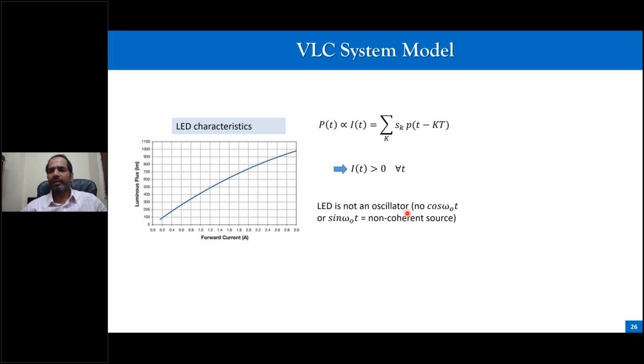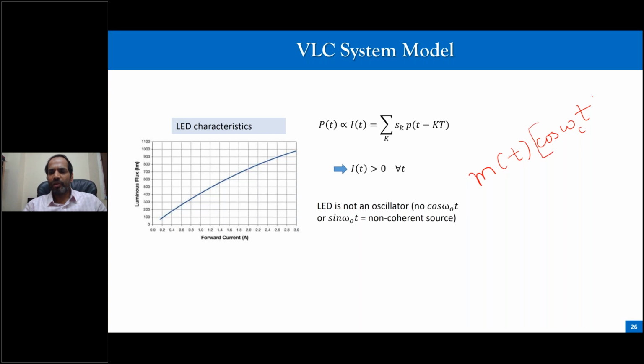Typically you might have seen in amplitude modulation, if you have a message signal m(t), what happens? In amplitude modulation or in RF, you can multiply this m(t) with cos omega_c t, right?